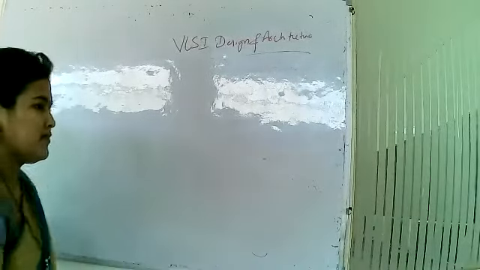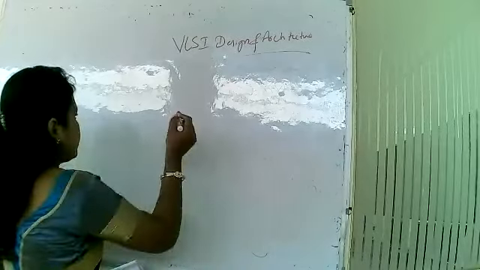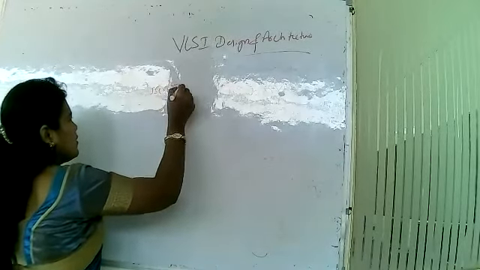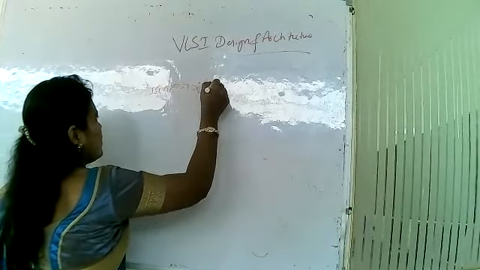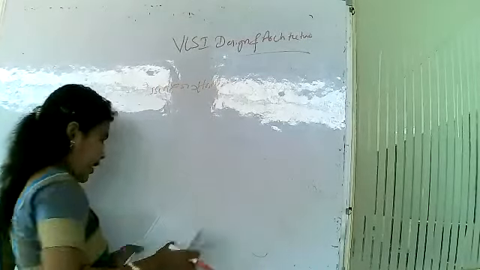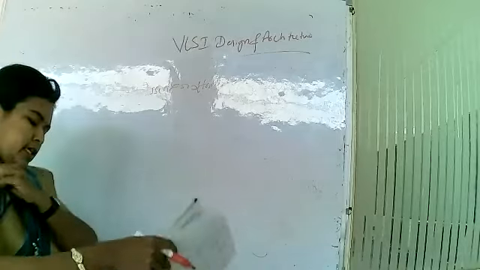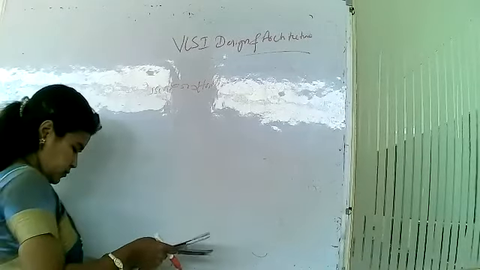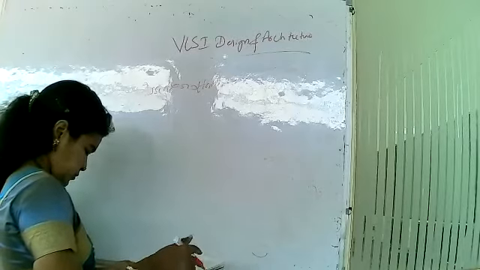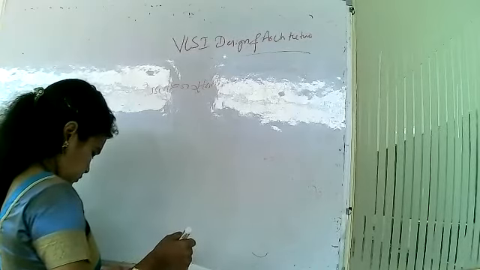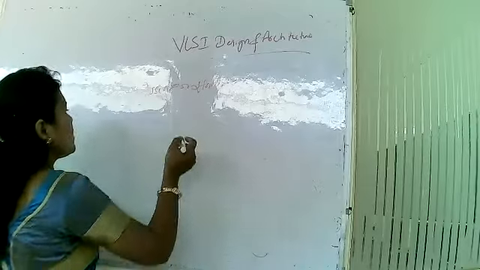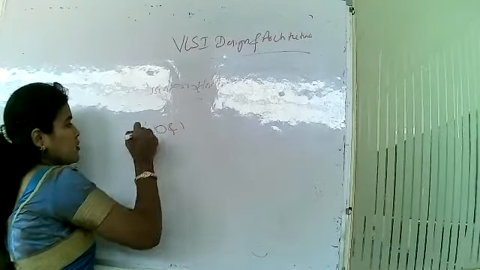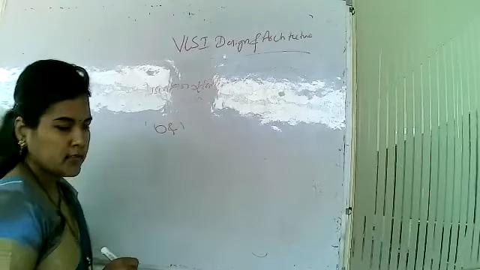Next example: the assertion statement. In the assertion statement, we were having 0 and 1.